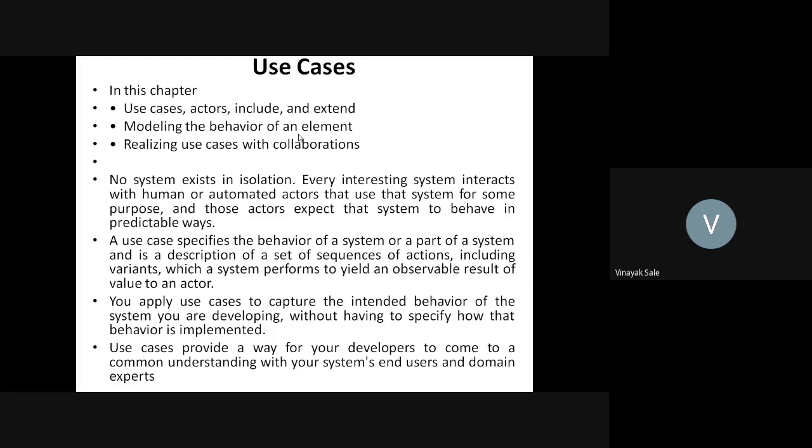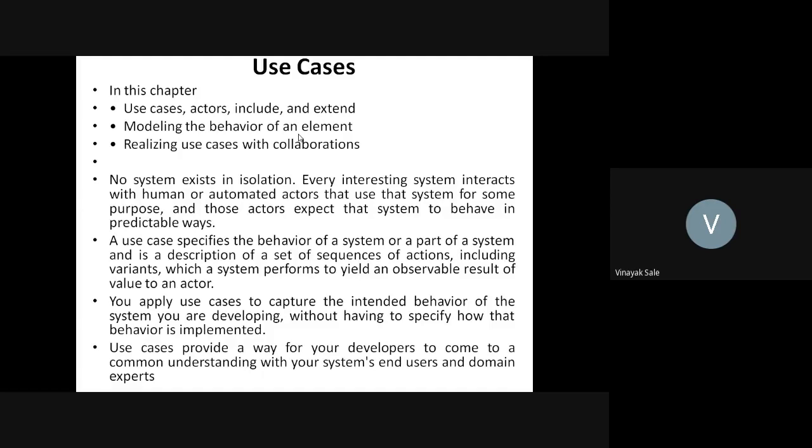So here the ATM acts as an actor, like a human. Every interesting system interacts with human or automated actors that use the system for some purpose, and those actors expect the system to behave in a predictable way.